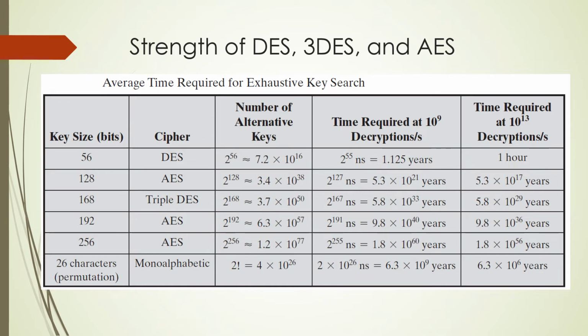Now, if the time required for an exhaustive key search attack is reasonable, then the encryption algorithm is not considered to be safe anymore. Previously, some years ago, when the technology wasn't that advanced, we could say the time required to do 1 billion decryptions is equal to 1 second.